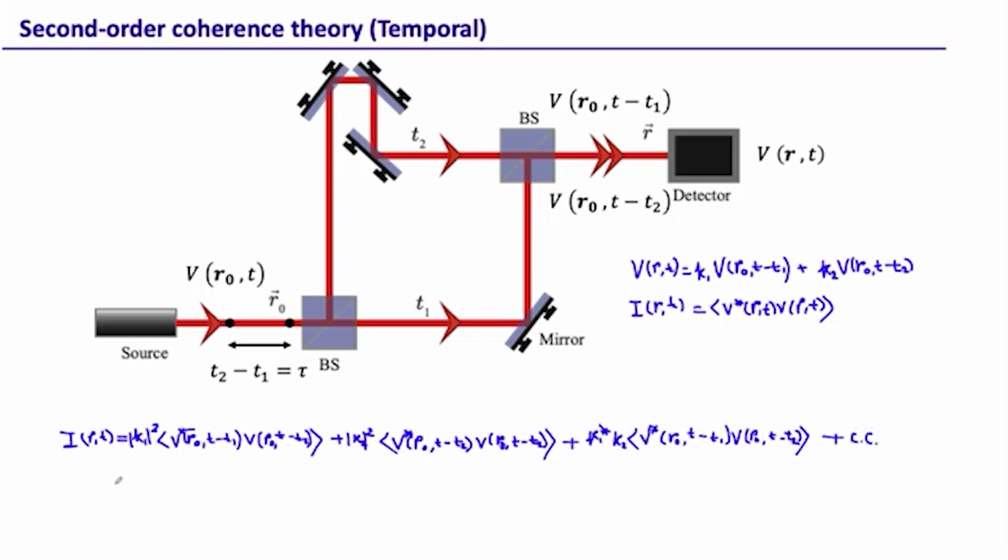That's the intensity. Let's rewrite it. This is just |K1|², and the quantity we have here is essentially the intensity at R0 at t minus t1. This quantity over here is |K2|² times the intensity at R0 at t minus t2.